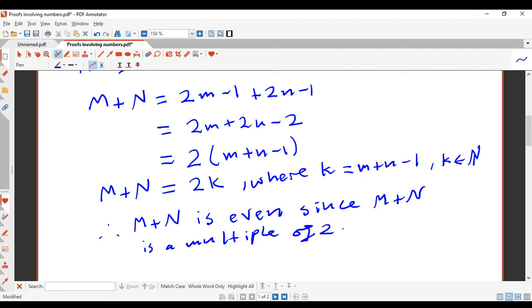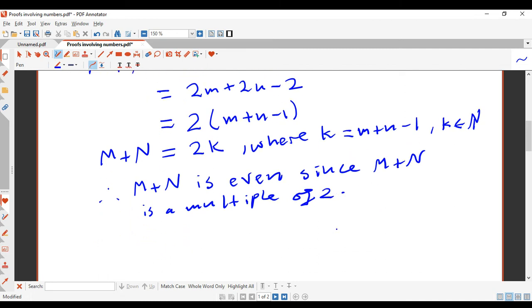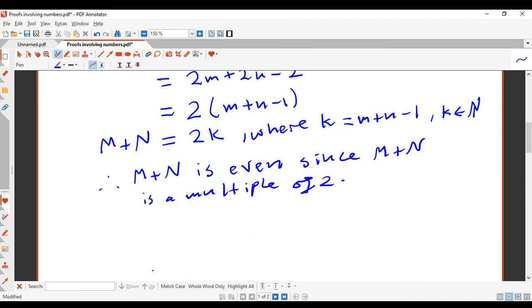You could have also said that m plus n is divisible by 2, because you could have said that m plus n divided by 2 is equal to k.